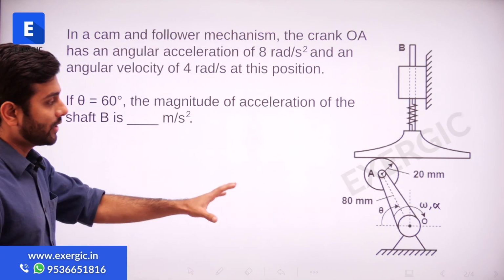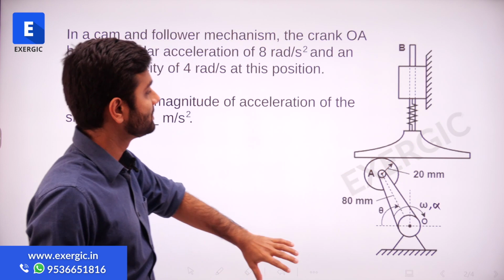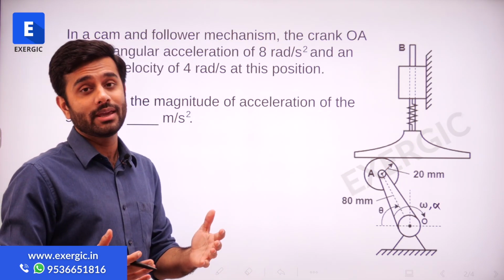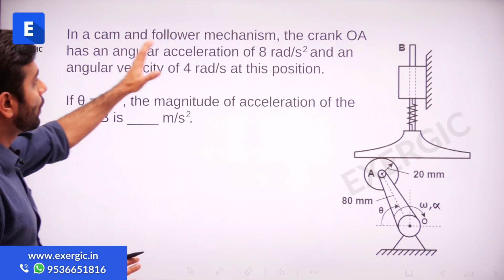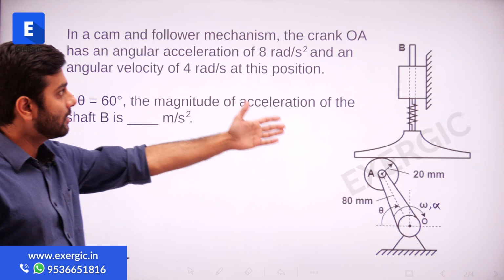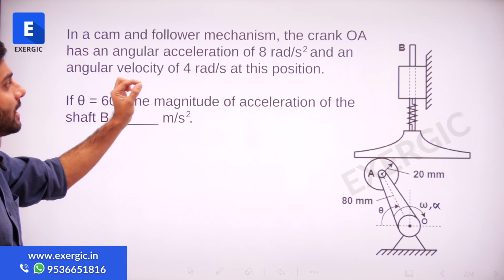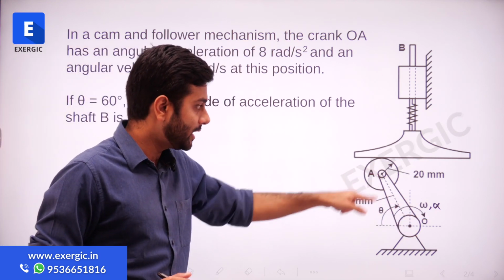So have a look at this question. Definitely, if you look at this image, it looks complex, right? But let's read the question first and then make any kind of analysis. In a cam and follower mechanism, as we can see here, the crank OA has an angular acceleration of 8 radian per second square. This is the center O, this is point A, correct?